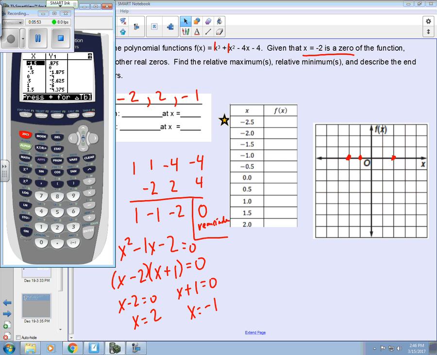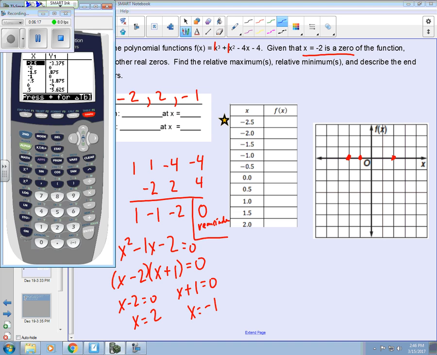If you hit second window, then you can specify where you want your table to start. Looks like this one starts at negative 2.5, and we want it to change by half, so 0.5. Then if we go back to our table, now it should look like the one over there. So we can fill in all these other values now.